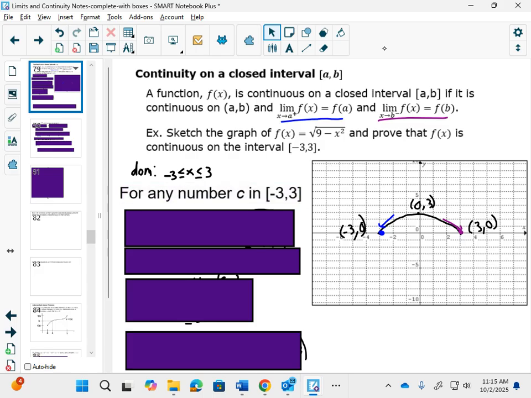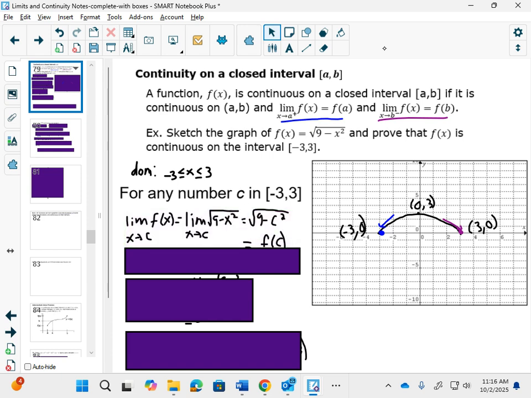So what we're going to do for a proof here, and this is what he was saying in the video that we just watched, if you have the actual equation, you can do a formal proof. This is what the formal proof set looks like. You pick some random number between -3 and 3, and you call it c.